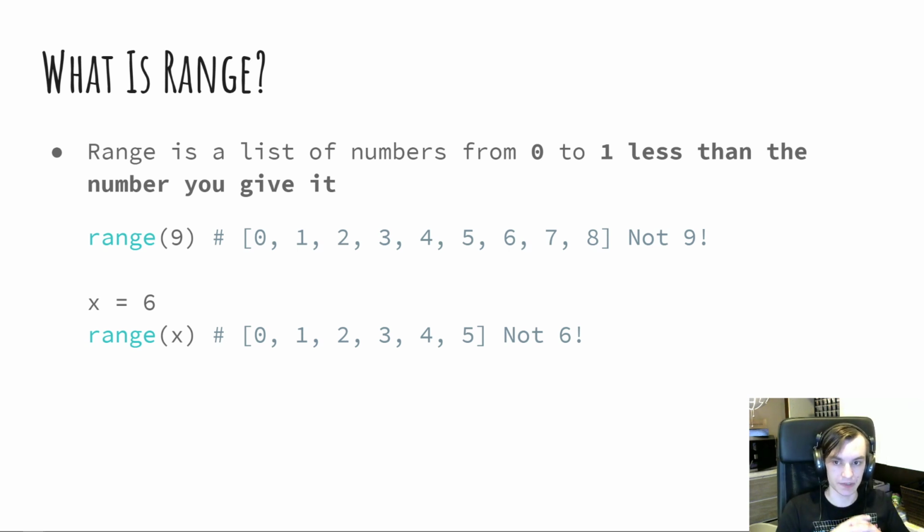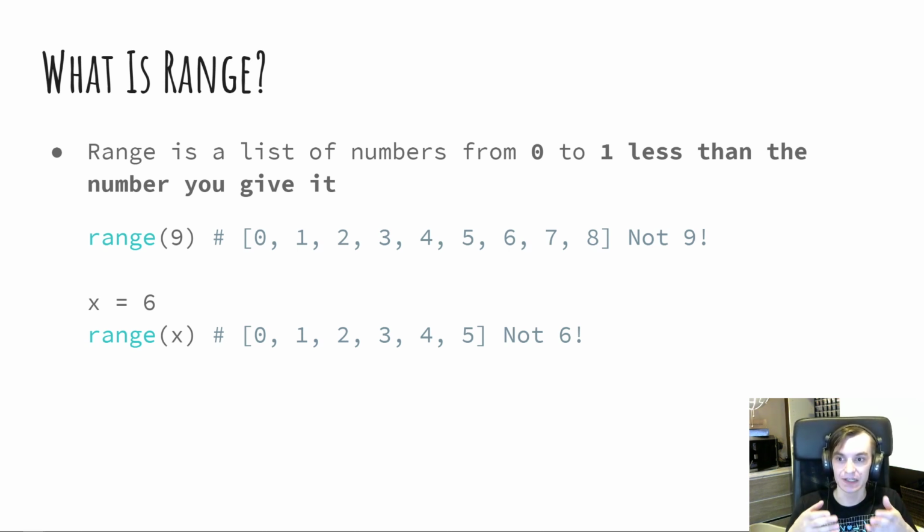Range gives us a list of numbers that go from 0 to 1 less than the number you give it, and there's a reason for that. You remember when we're dealing with lists that the first element is at index 0 because we have to skip over 0 items to get to it. The second element is at index 1 because we need to skip over 1 item to get to it.